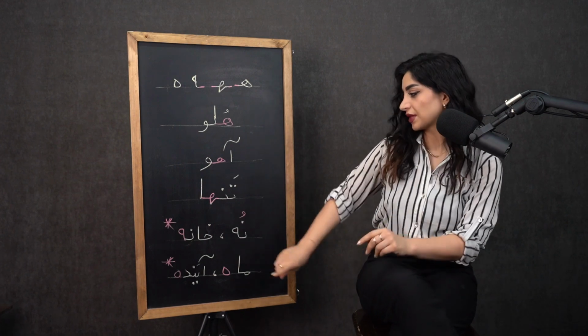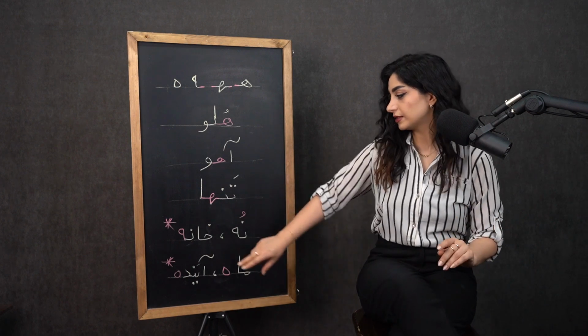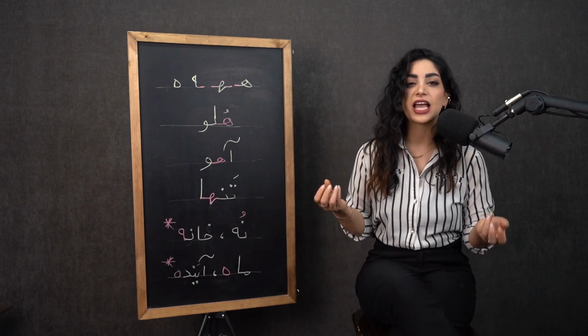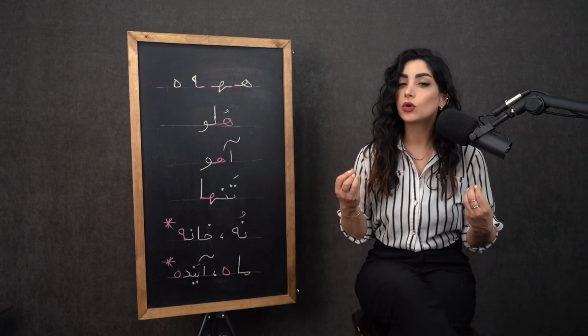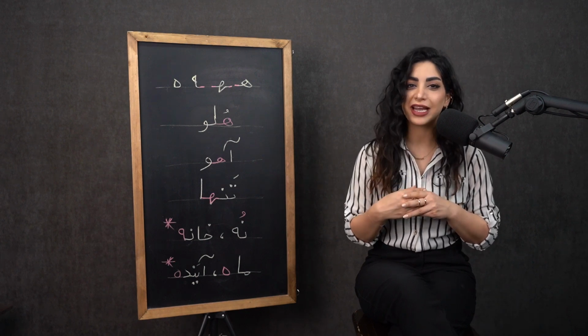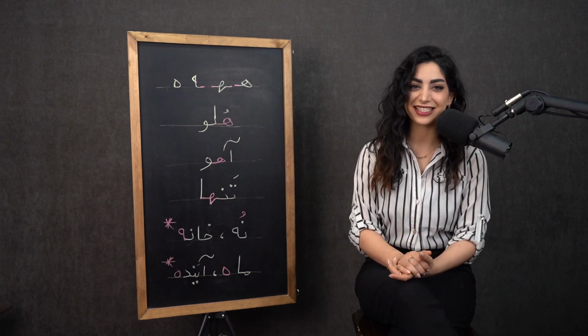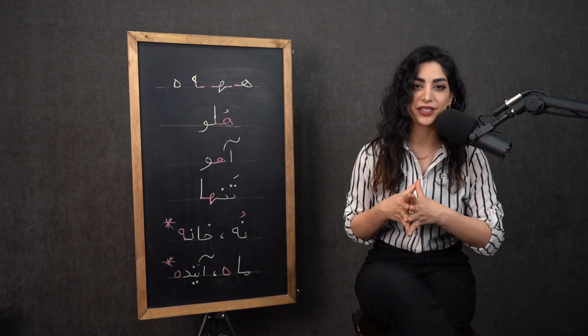But when there is no vowel before, see, I have only consonants. Only consonants. When there's no vowel before he, it will sound like e. As easy as this. Let's go to the next part.